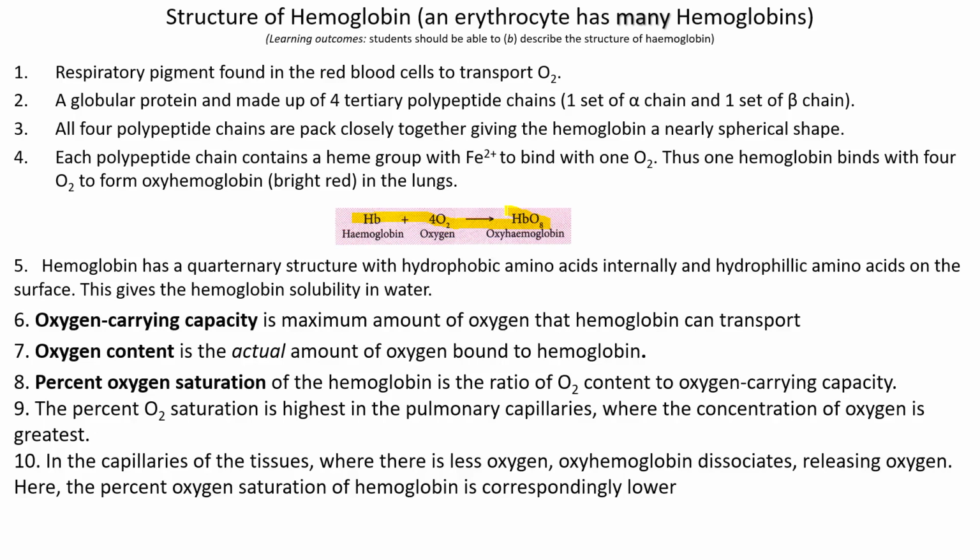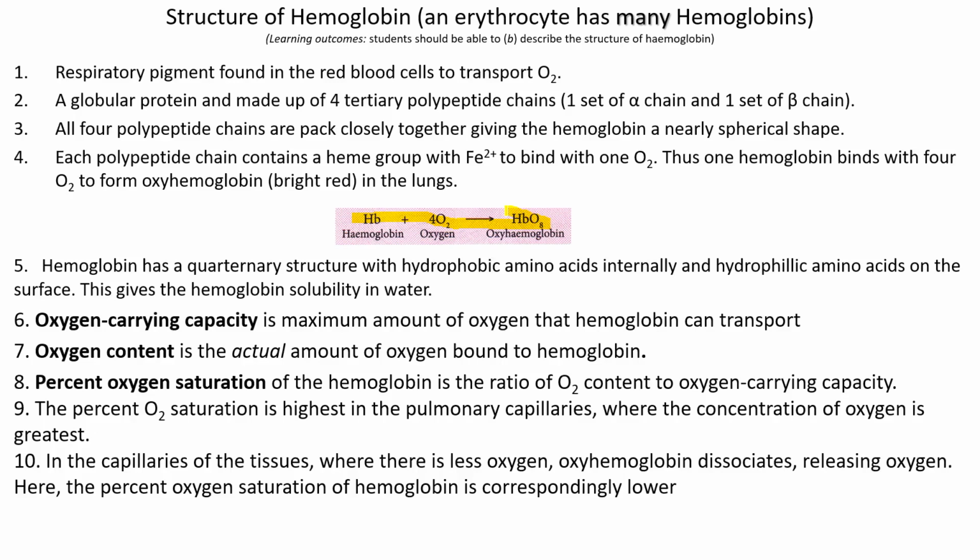Now there are some terms related to the hemoglobin that you need to know. Oxygen carrying capacity is the maximum amount of oxygen that hemoglobin can transport. Oxygen content is the actual amount of oxygen that is bound to the hemoglobin.